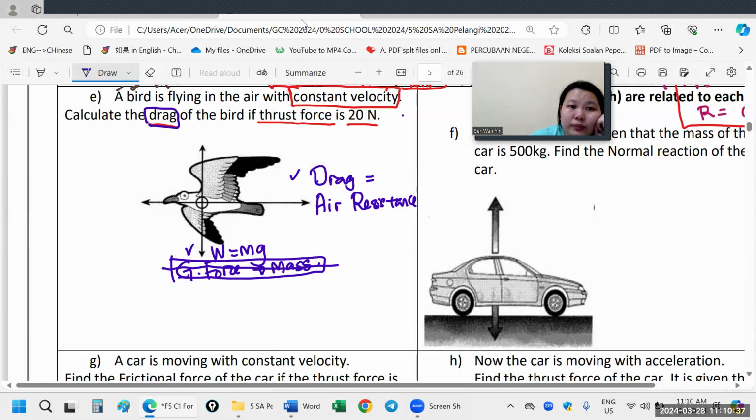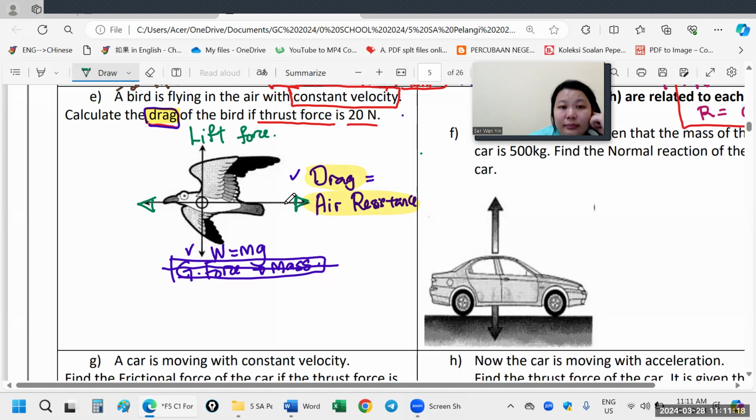No. Yes, thank you, Angel. No, because they are not parallel. So if we want to find drag, meaning the air resistance, we need to find another force which is parallel to drag. Weight cannot help with drag because weight actually pairs with the lift force.